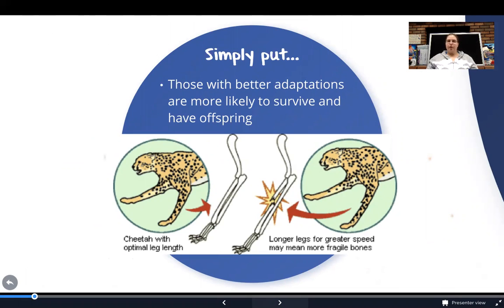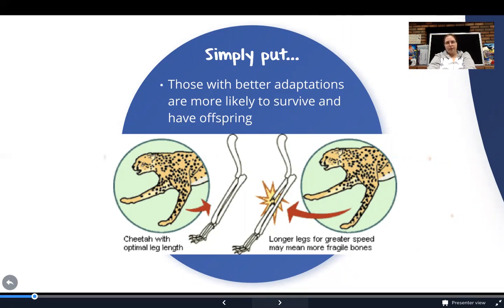What it's saying is that the organisms that are better suited to their environment are more likely to survive and thrive. Thrive meaning have more offspring. So they're going to live longer. Since they live longer, they're going to have more offspring. The offspring are going to have those same traits that made their parents successful. And that means they're going to live longer and have more babies.